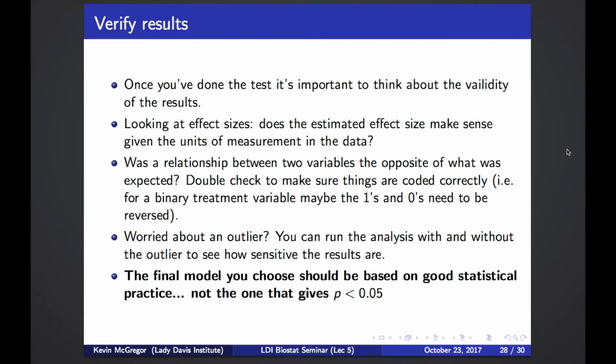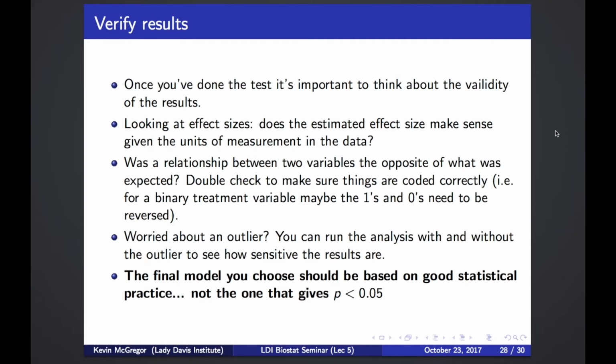Okay, so the very last thing, so we've already talked about how you actually do the test. Once you've run your test and you have some results, you should always take a moment to stop and think, okay, do my results make sense? You can start out by looking at things like effect sizes. Does the estimated effect size actually make sense given my units of measurement in the data?